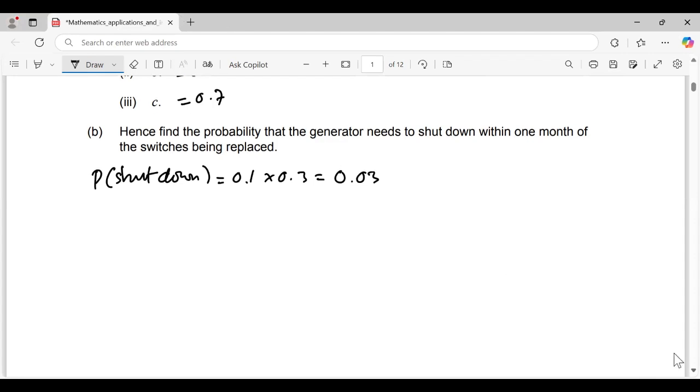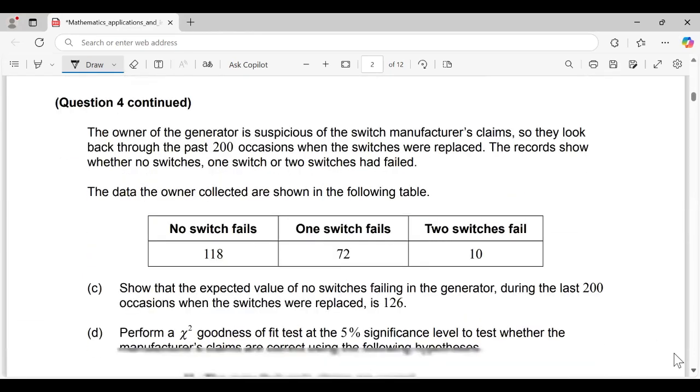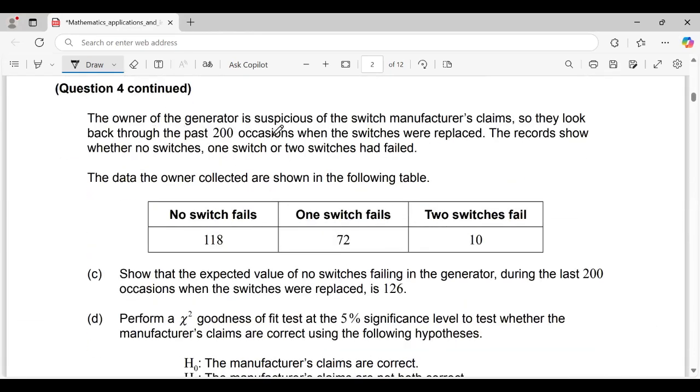Part C. The owner of the generator is suspicious of the switch manufacturer's claims. So they look back through the past 200 occasions when the switches were replaced. The records show whether no switches, one switch, or two switches had failed.